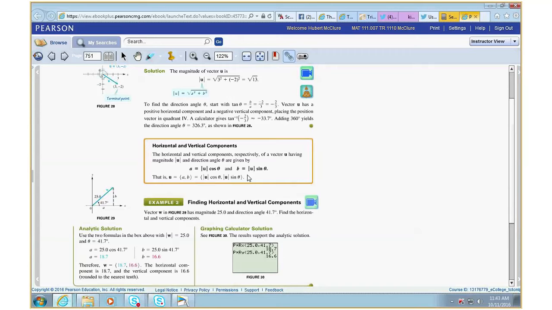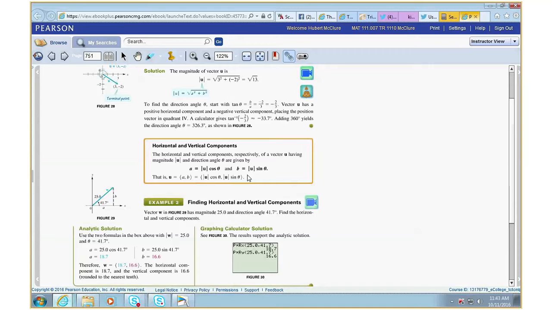R sine theta, R cosine theta. Now, it doesn't have an R there. That's because they want to confuse you later on. But in the future, it's going to be R sine theta and R cosine theta. To find the y, it's R sine theta. To find the x, it's R cosine theta. R is the hypotenuse, so you don't have to put the absolute value of u. You could just put R if you want to.